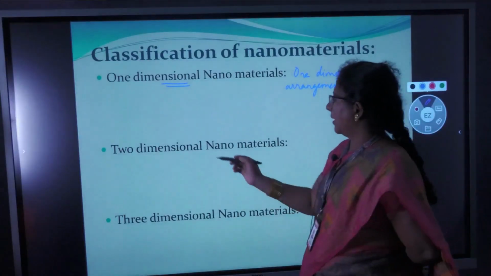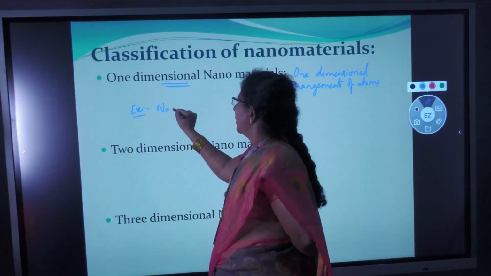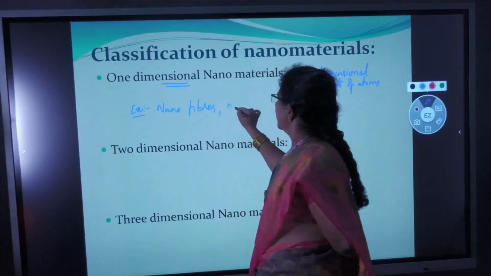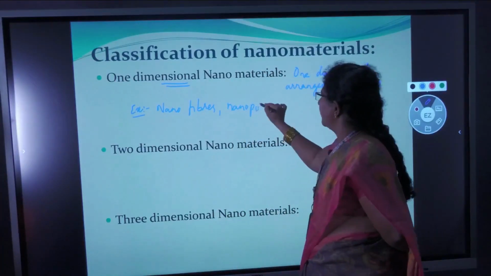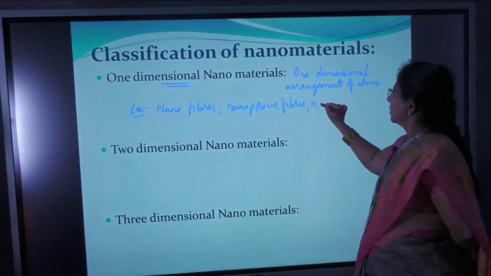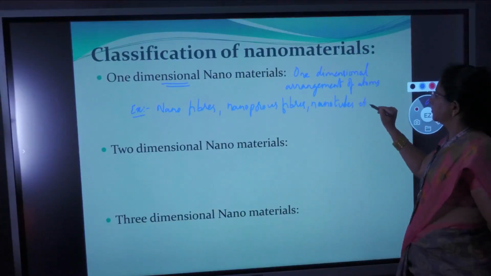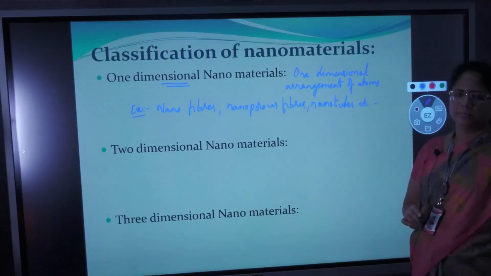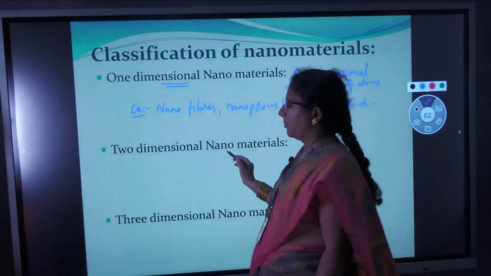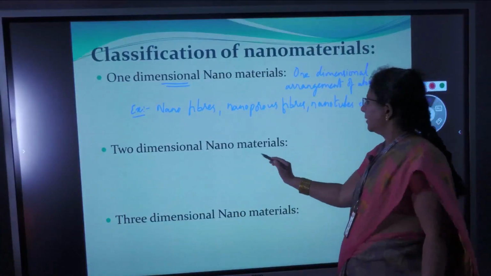And examples are nanofibers, nanoporous fibers, nanotubes, etc. Two-dimensional nanoparticles.